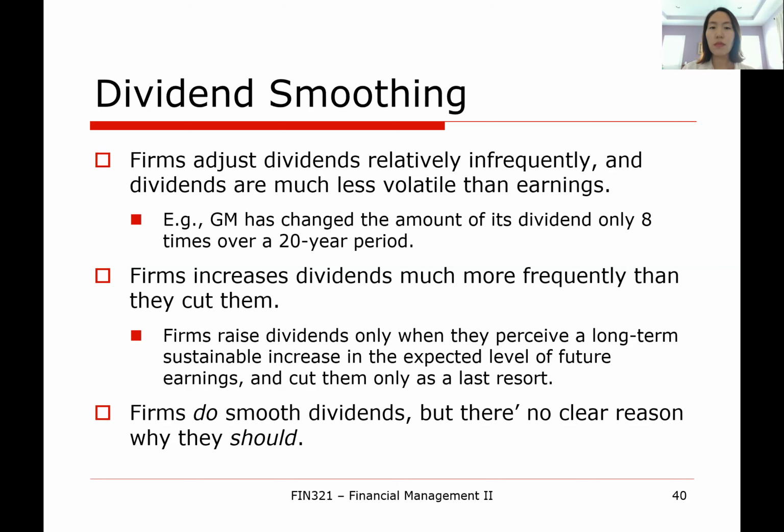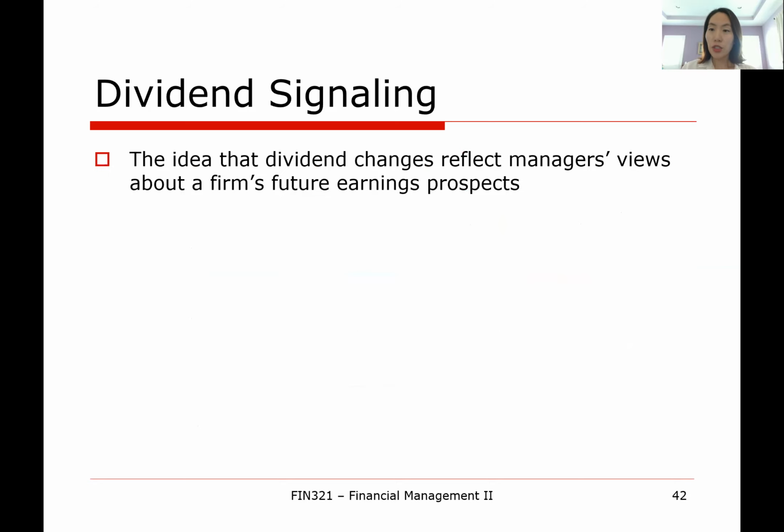One explanation is the dividend signaling story. The dividend signaling story is the idea that dividend changes reflect managers' views about a firm's future earnings prospects. Now assume that we are living in a world with information asymmetry, so outsiders know less about the company than insiders do.